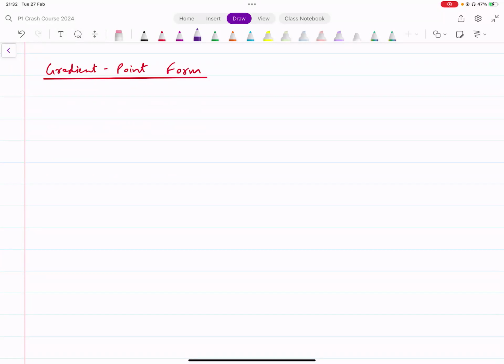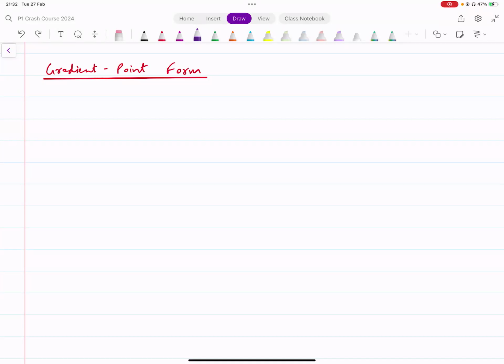Now, we do not necessarily need the y-intercept. Any point would work. Any point in the line would work. It could be any point, not necessarily the y-intercept. The y-intercept would also work, but any other point would work as well.